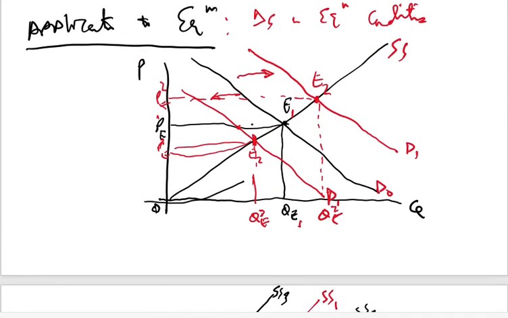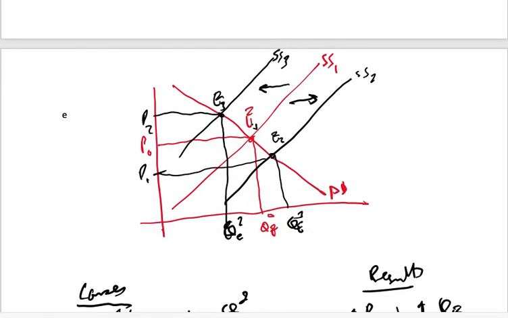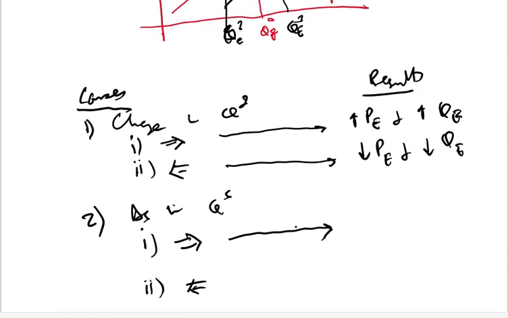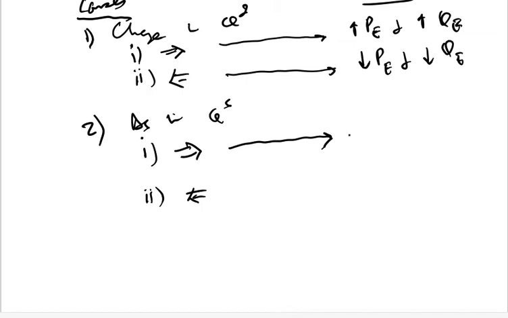So what happened with that? We know that when there was an increase in supply, prices reduced, and then quantity exchanged increased. Okay? So with this, equilibrium price will reduce, and consequently quantity exchanged will also increase.